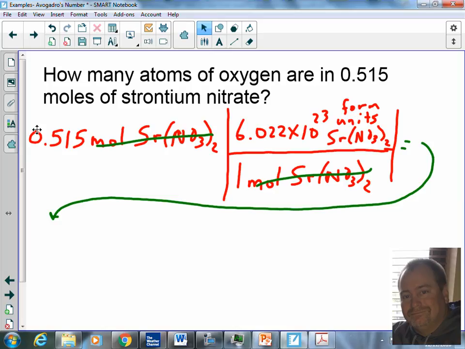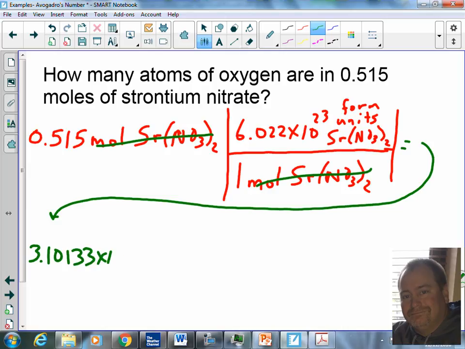I multiply that by Avogadro's number of formula units, and that gives me a number that looks like this. 3.10133 times 10 to the 23rd. What's my label on that? Formula units of strontium nitrate.